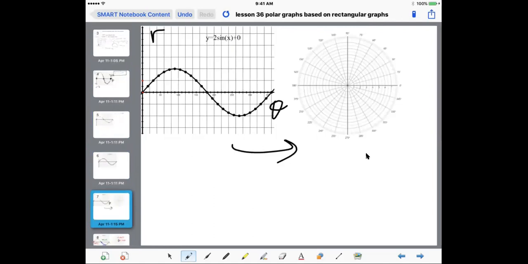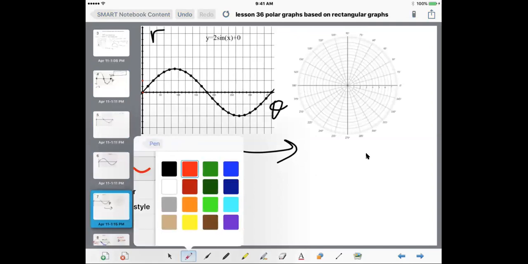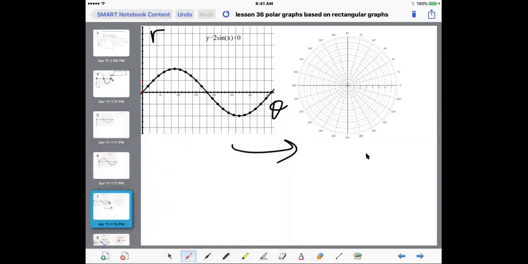And this strategy is going to help us for today's lesson and then also for 2 days from now. Again, we haven't needed it up until this point. So first of all, I'm going to make a point red. And that point there, if I translate it onto the polar graph, is going to be at the pole.